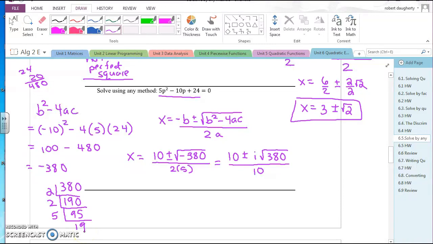So 380 is 2 times 2 times 5 times 19. So I can simplify the square root of 380. So the square root of 380 is the square root of 4 times 95, okay?